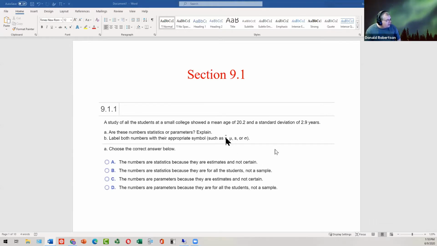Now there are 4 symbols down here that we typically use, and this textbook certainly does, and you're going to be putting mu equals 20.2. Mu, a Greek letter, is the symbol used for the population mean. Which one of these, the S or that funny little Greek letter sigma, is the letter you use for the population standard deviation?